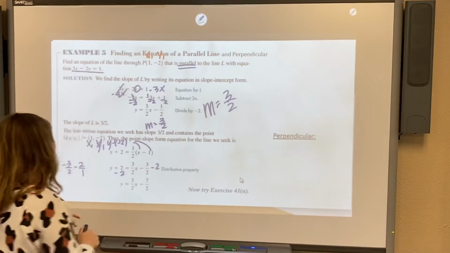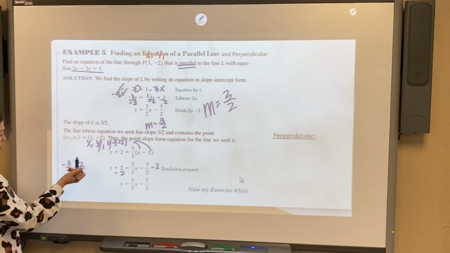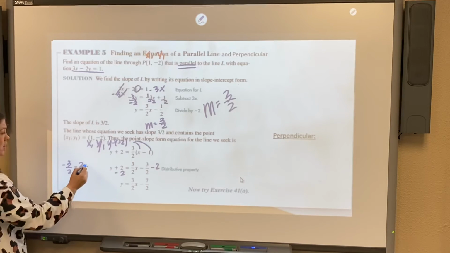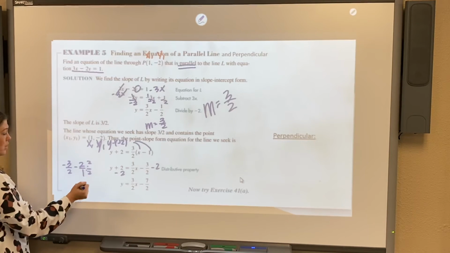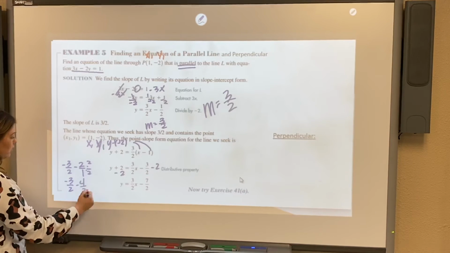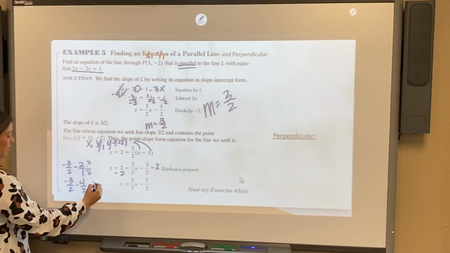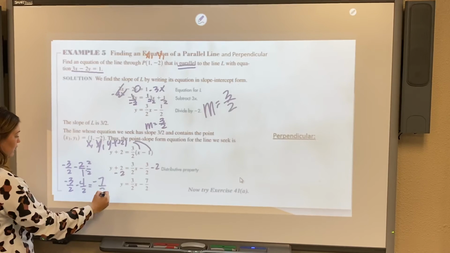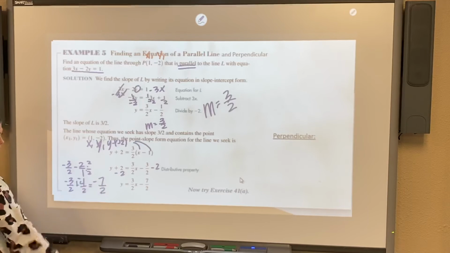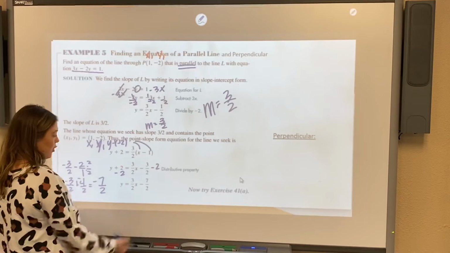But if we have -3/2 minus 2/1, denominators need to be the same, so we can make this a 2 by multiplying the top and the bottom by 2. So we have -3/2 minus 4/2. So -3 minus 4 would be -7/2. So that's how we get the -7/2.